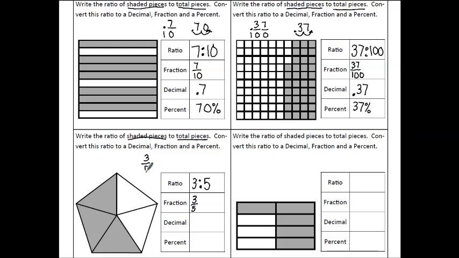I know if I multiply the numerator and denominator by 2, then I would end up being able to get 6 tenths. Now I can put a 6 in the tenths place because I have a tenths place value. I can't just go 0.3 because I don't have a fifths place value. And 60 cents looks like 60%.